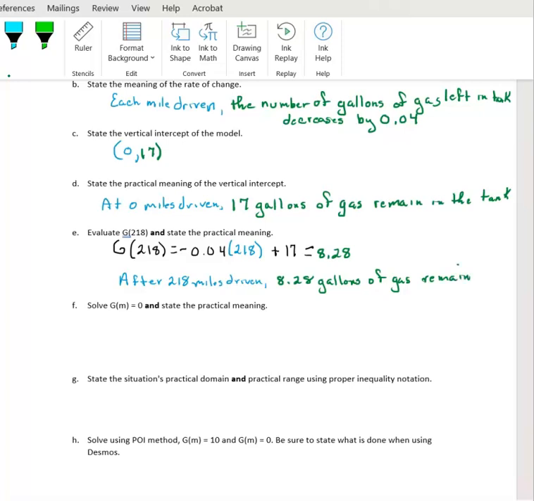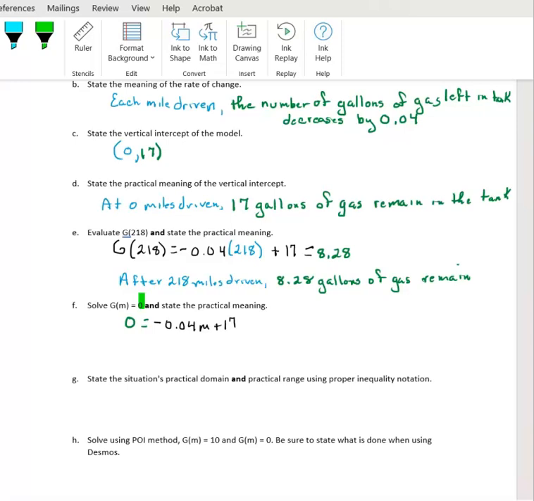All right, so now this time we need to solve. And remember, solve means that we know the output value. Essentially, we want to know when there are 0 gallons of gas remaining. So we have 0 equals our expression, negative 0.04m plus 17.